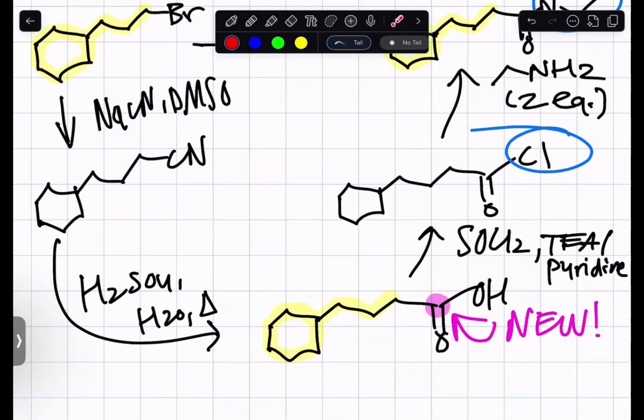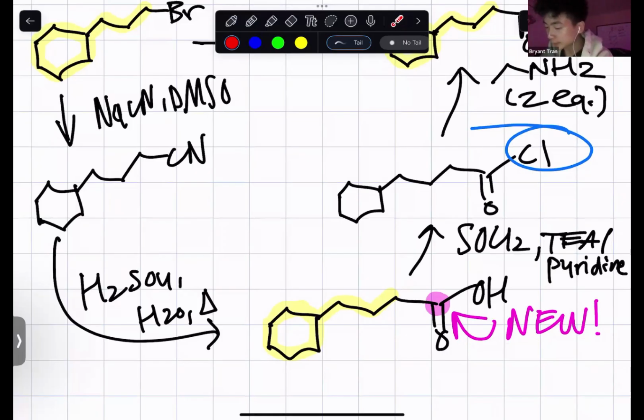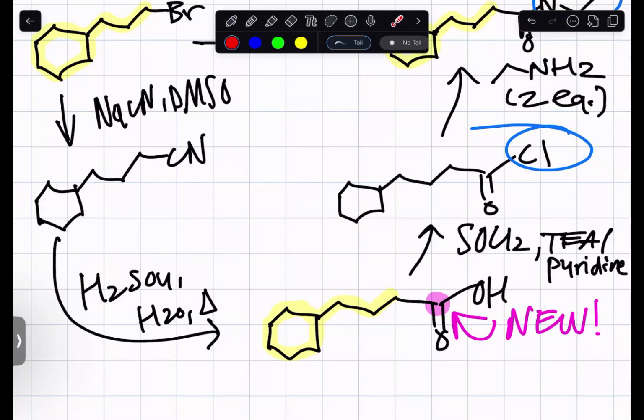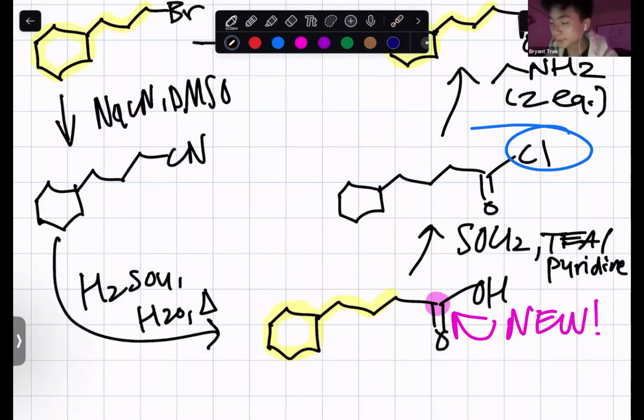Carboxylic acid group by using NaCN directly to form a, or by using... you know how it says or by using reagent something? Yeah. That or is going to be the Grignard reagent.